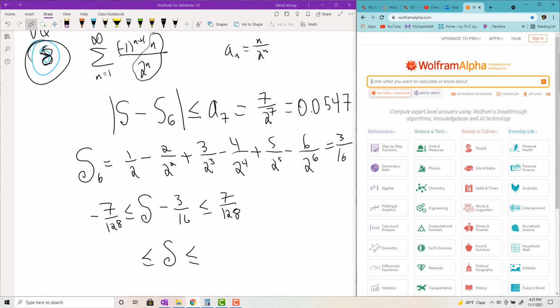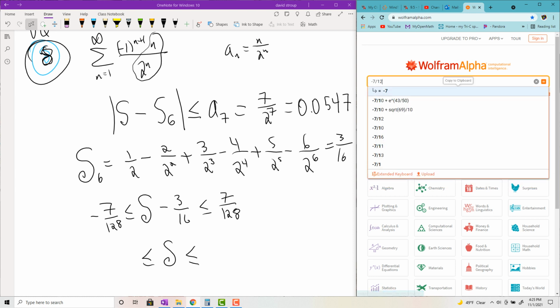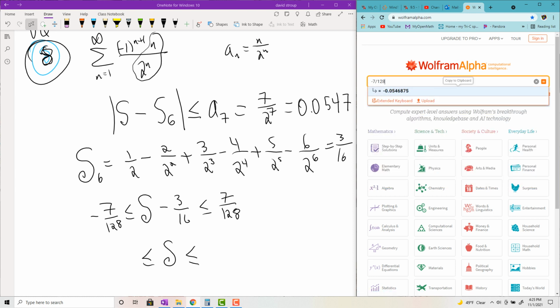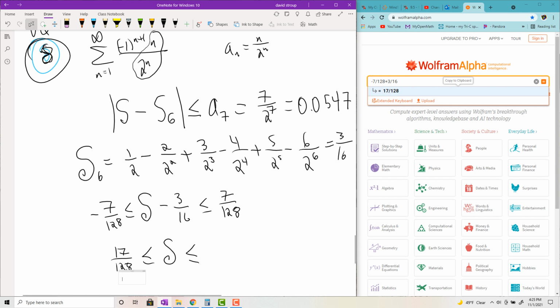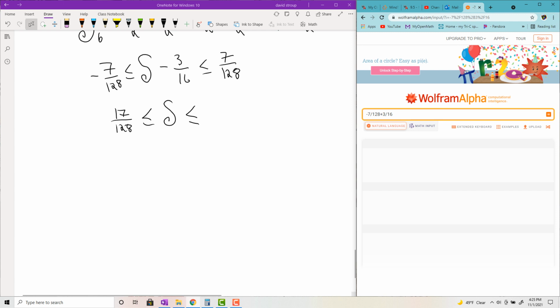So let's try that. We have -7 over 128 plus 3/16, which is 17 over 128. And then let's get the decimal form for that. So we want a 4 decimal approximation.